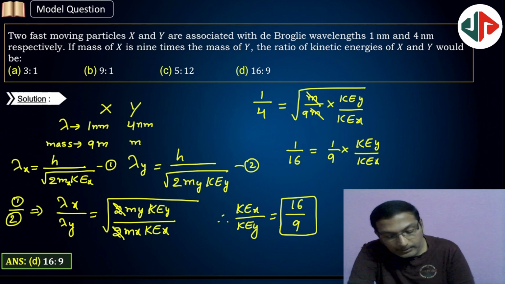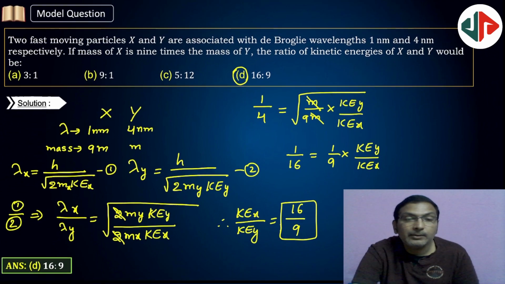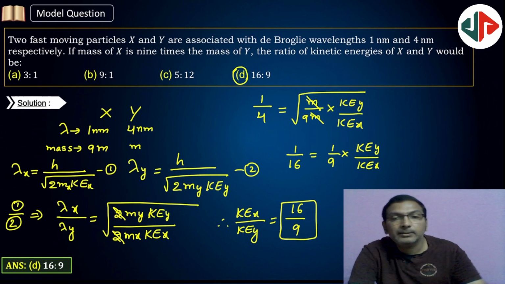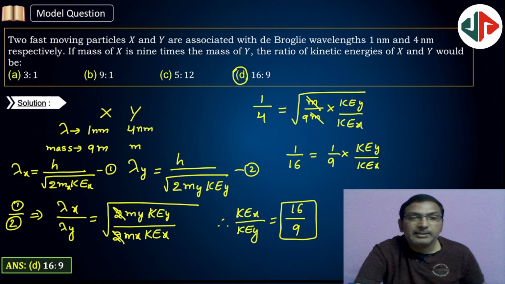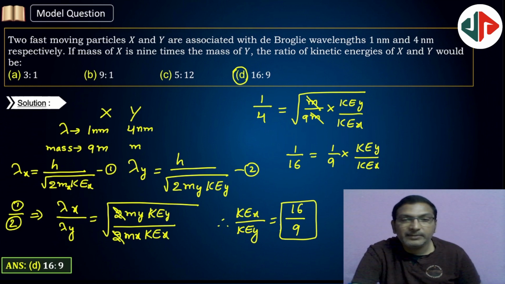Therefore option D. Just here comparing between X and Y particles. Wavelength is given and mass is also given. Mass relation is given. From this we are getting kinetic energies ratio 16 by 9 or 16:9.